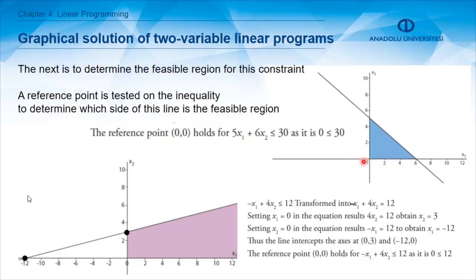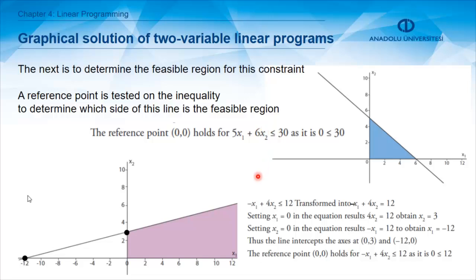Our reference point is the origin for convenience, and the origin, zeros for x1 and x2, holds for this inequality as 0 is less than 30. The origin resides under this line, so the feasible region for this specific constraint is here, the shaded area, this blue area. This is the feasible region for only this constraint.